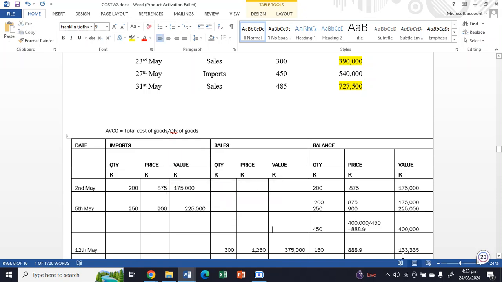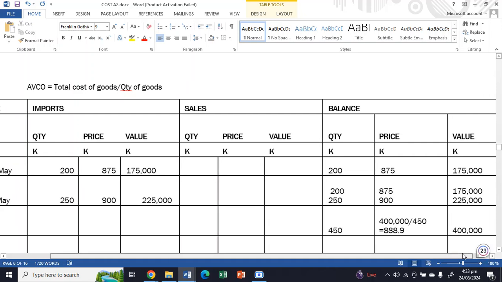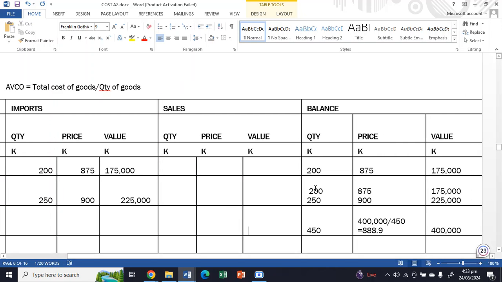So this is now where the average costing method comes into play. Initially we had 200 goods. We brought in 250. So we have a total of 450 goods. The value of these 200 goods, 175,000. The value of these 250 goods, 225,000.